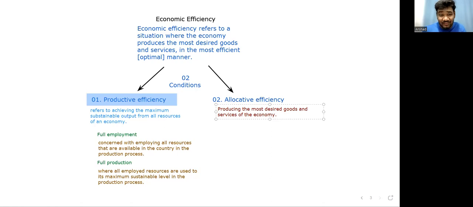This fellow is saying, I am producing the maximum sustainable output, I am doing all of that. Allocative efficiency comes and tells you, no matter what you do, if you are not producing what the society wants, you can't achieve economic efficiency. So what is allocative efficiency? You produce the most desired goods and services in the economy.